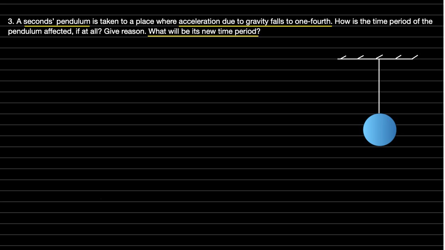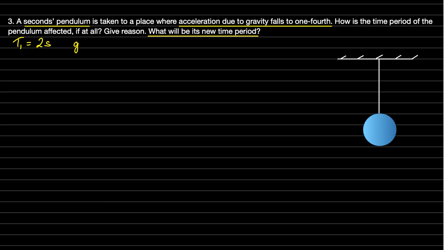I would write the given data. This question has to be solved in two parts. So I will write T1, that is the time period for the first case. Since it is given as a seconds pendulum, the time period is going to be 2 seconds. We need to remember this value.